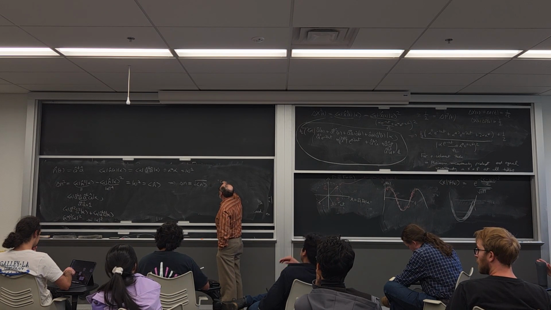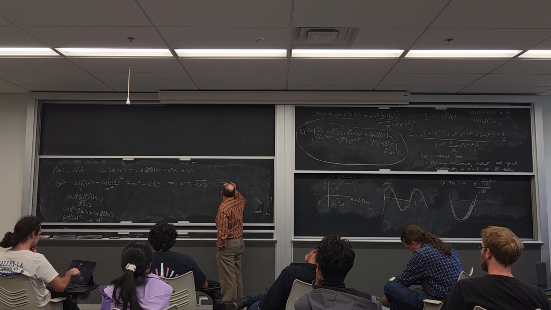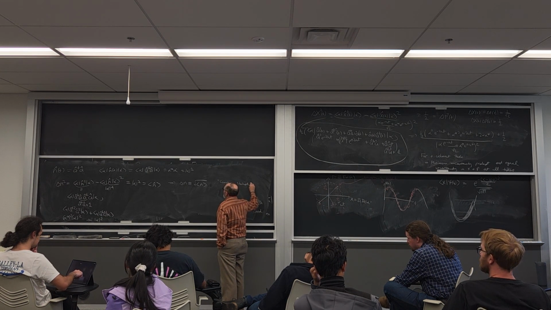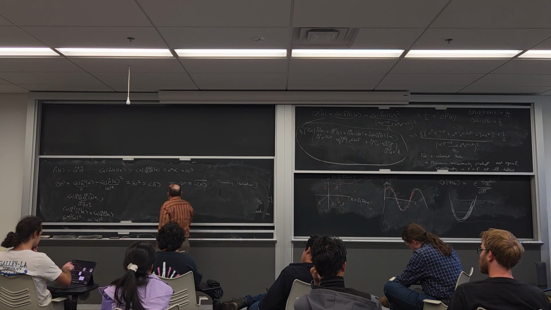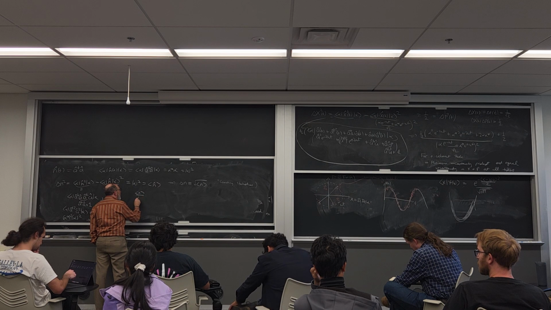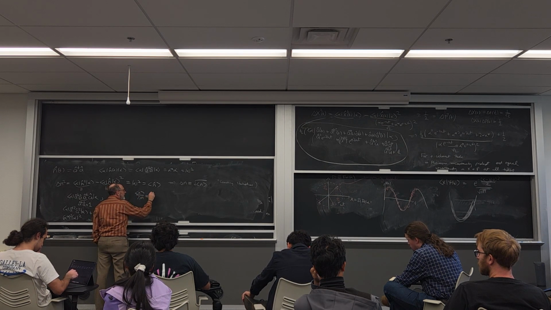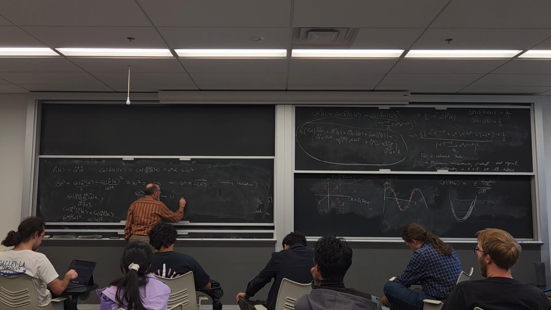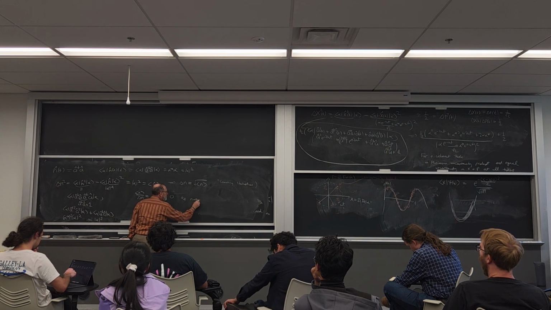This is associated with what we sometimes call counting statistics. Notice that the ratio of the fluctuation to the mean number of photons goes like 1 over the square root of n, which goes to 0 as n goes to infinity.